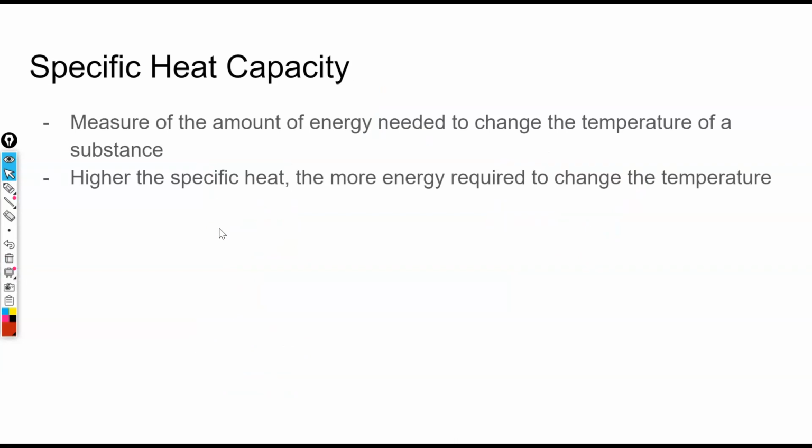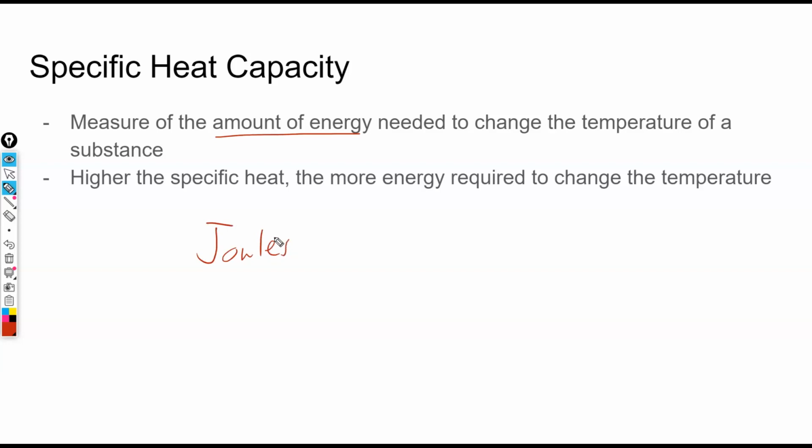What we're going to call this idea is specific heat capacity, or just specific heat. They're both the same thing, which is a measurement of the amount of energy needed to change the temperature of a substance. When we look at what specific heat capacity measures, the amount of energy is measured in joules.